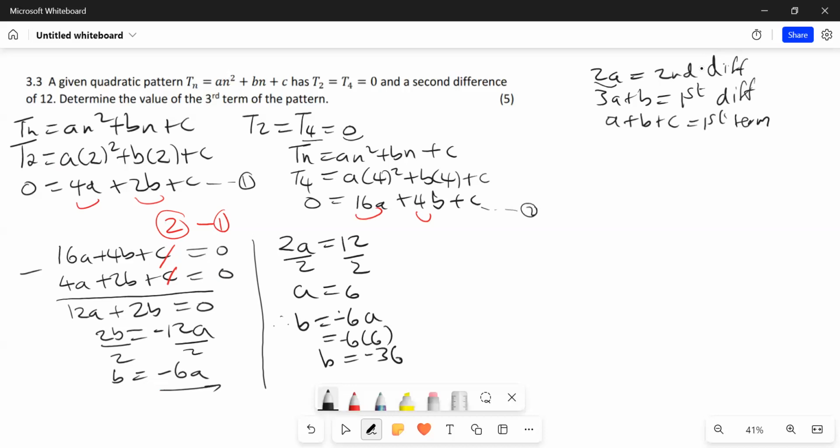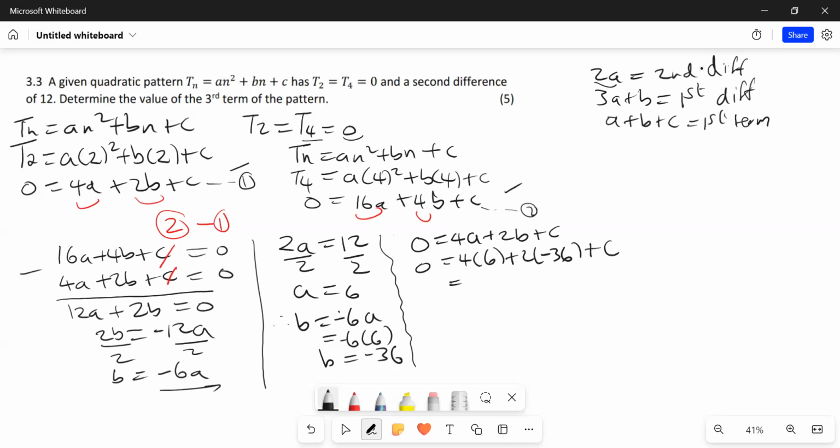But now remember, the formula for a quadratic pattern has a, b, as well as c. So we can use either of the equations. You can use equation 1, you can use equation 2. Let me just take equation 1. I feel like equation 1 is quite simpler. So 4a plus 2b plus c. In place of a, I'm substituting 6, and in place of b, I'm substituting minus 36, plus c, which is equal to 0.